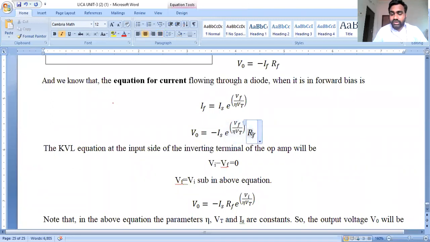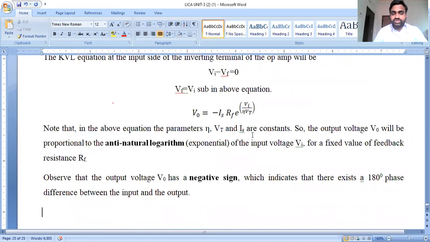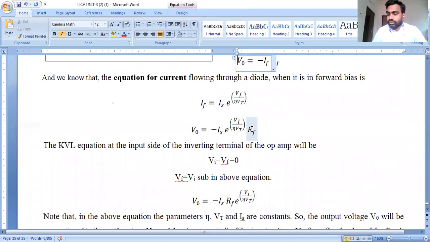The output equation depends upon the parameters: the ideality factor, the thermal equivalent voltage, and the reverse saturation current. The output voltage will be proportional to the anti-logarithmic value of the input voltage. Previously, in the logarithmic amplifier, the output voltage is proportional to the logarithmic value of the input voltage.